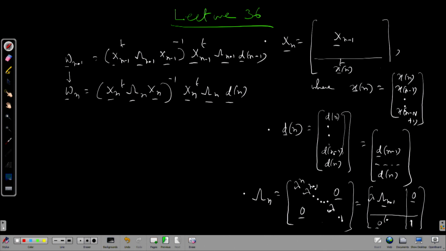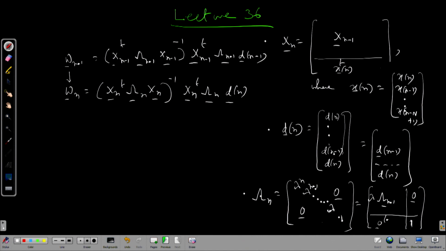Up till n minus 1, I had only the x n minus 1 data matrix, the d n minus 1 data vector, and this was the lambda n minus 1 matrix. At the nth clock, new data has come, x of n. Using that, I build up this x n and add a row. Similarly, new d n has come, so add this extra element at the bottom, and this matrix enlarges to this.